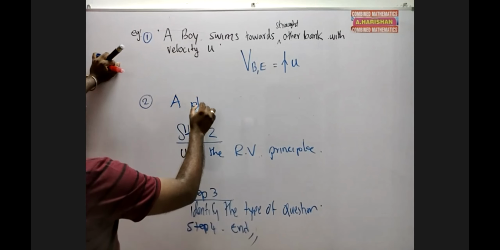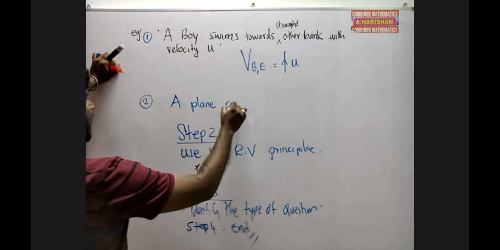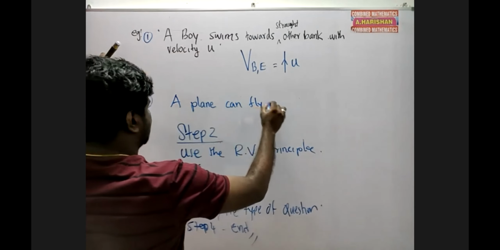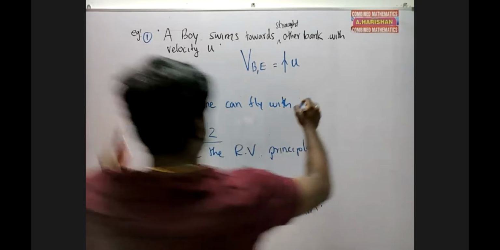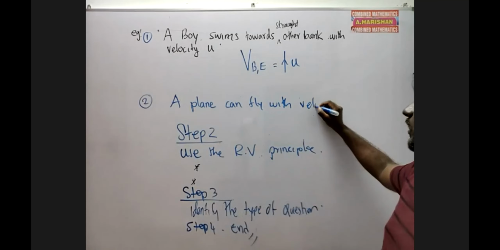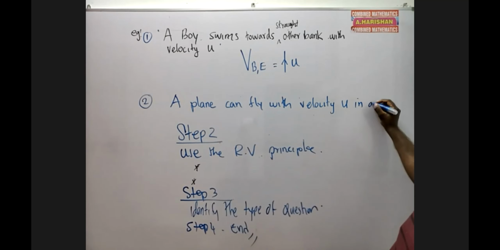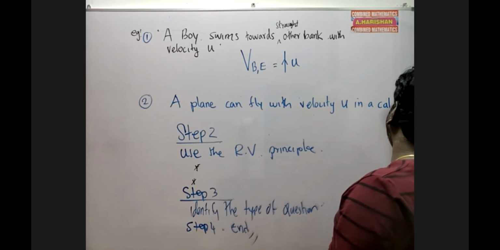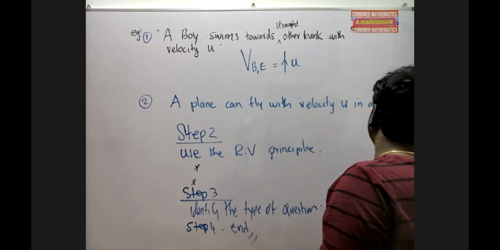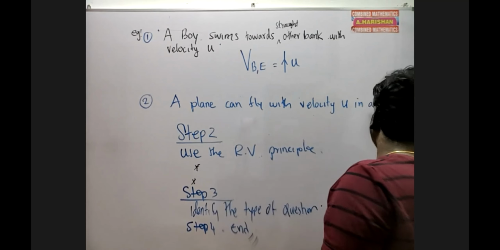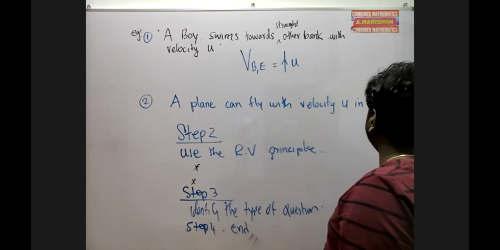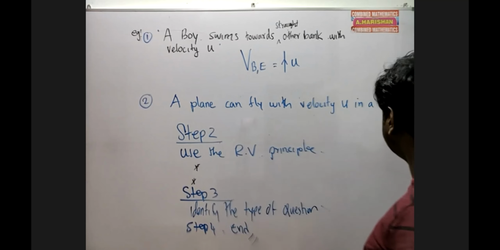A plane can fly with velocity u in a calm weather. Is it calm?